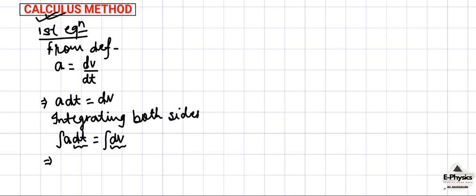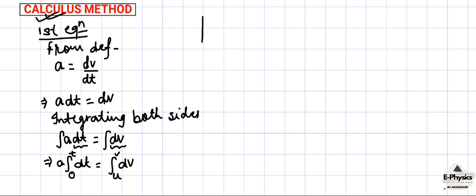So it can further be written as a times integration of dt. Let us consider initially the time was 0 and it went up to time t, and here integration of dv. Let us consider the initial velocity was u and the final velocity was v.